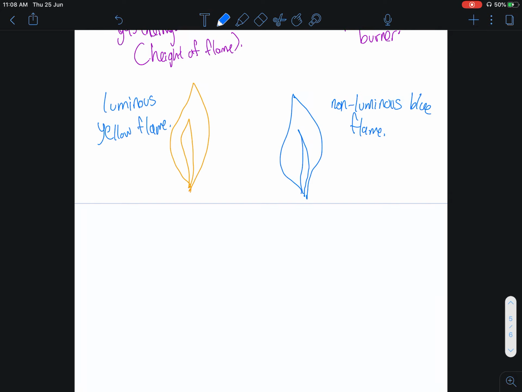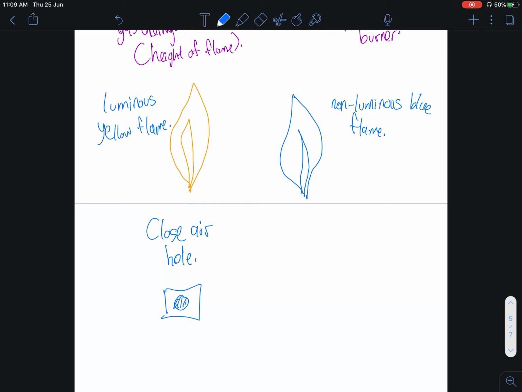Now, when you close the air hole, so let's say the air hole is here, you close it totally. No air can enter. By closing it, there is no air entering the Bunsen burner.